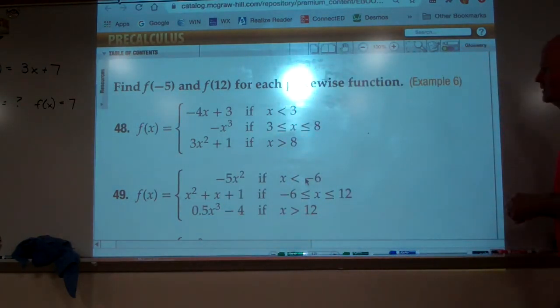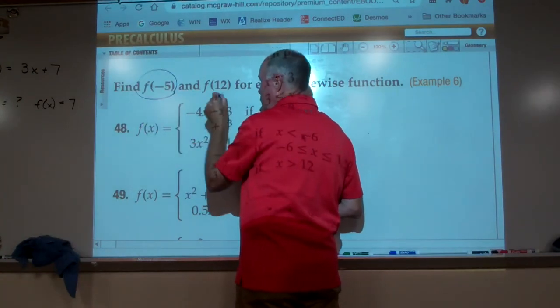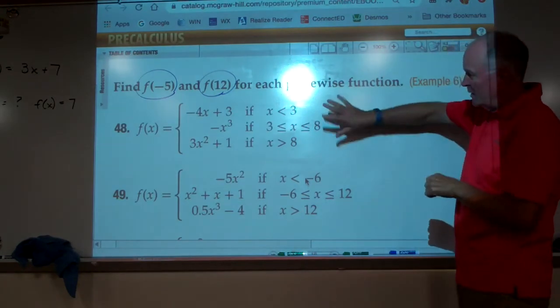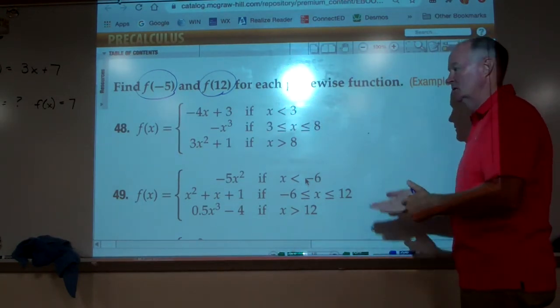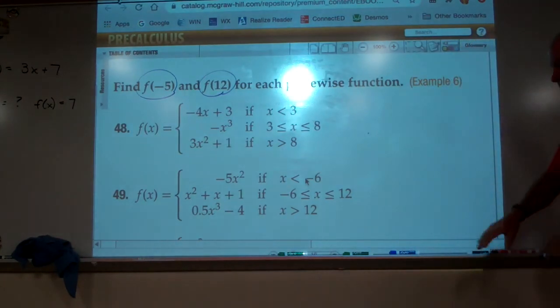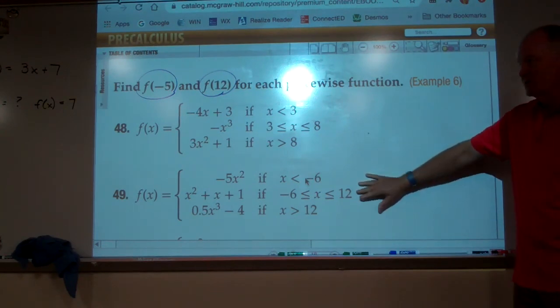Okay? They're going to want you to pick x to be -5, and then one time to be 12. So for each one of these, you're going to pick a value and go about it. Let me show you what I mean with number 49, since it's got one of the issues.